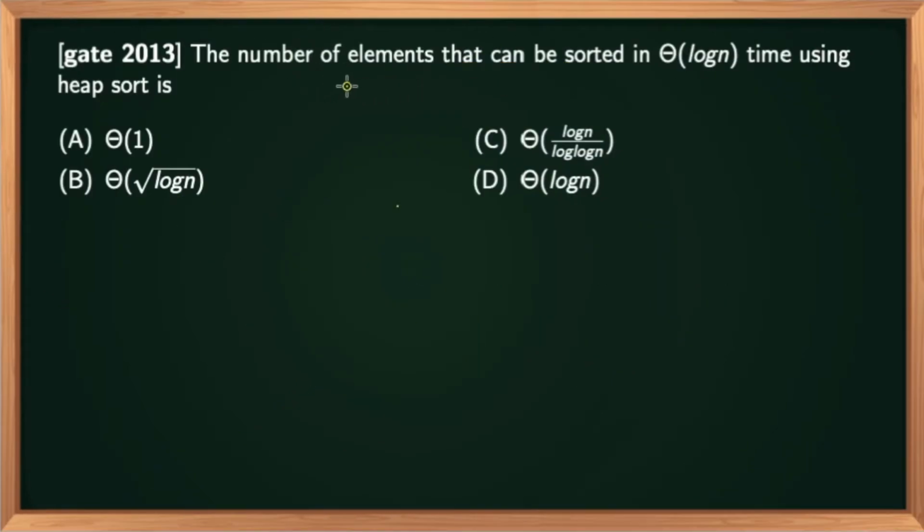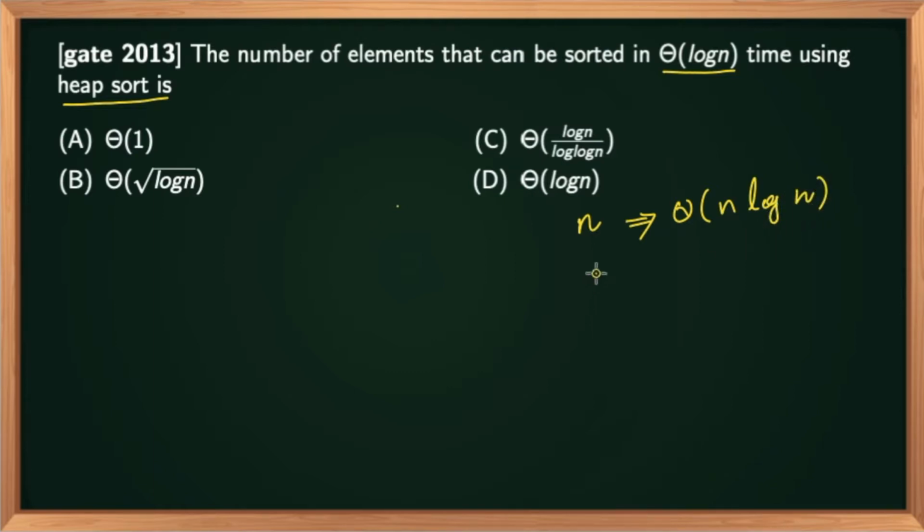The question is: the number of elements that can be sorted in theta of log n time using heap sort. We know that if you have n elements, you can sort using heap sort in theta of n log n time.